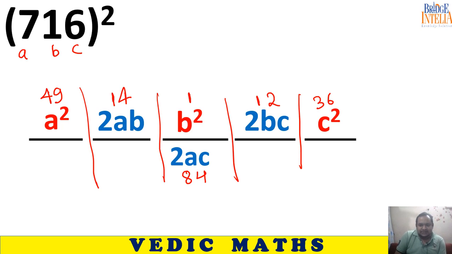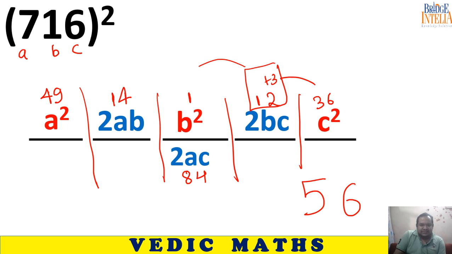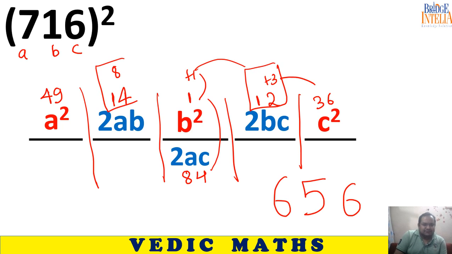So let's do that. 36 I cannot write, so I would be writing only 6 here. 3 is carry forwarded, so 12 plus 3, 15. I can write only 5 here, and 1 is carry forwarded. So 1 plus 1, 2. 84 plus 2 is equal to 86, so I write only 6 here. 8 is carry forwarded. 8 plus 14 is equal to 22. So I write 2 here, and 2 is carry forwarded. 49 plus 2 is equal to 51.